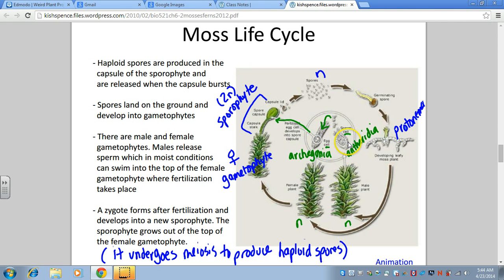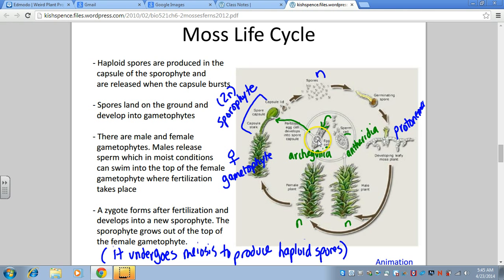So water is needed, so you'd have like a drop of water or rain that would allow the sperm to swim to the egg. So the sperm has to get down into where the egg is, and then fertilization will happen, and the zygote will form right in here at the top of the female plant, and then it'll start to divide.